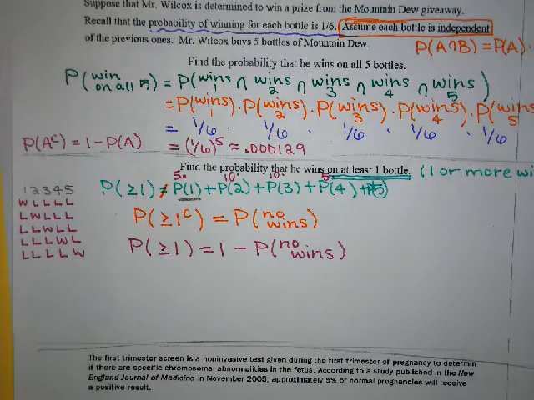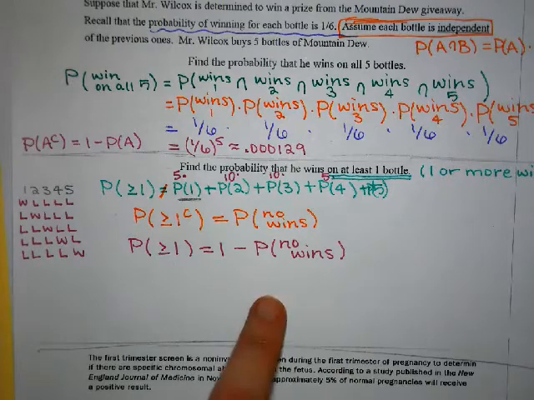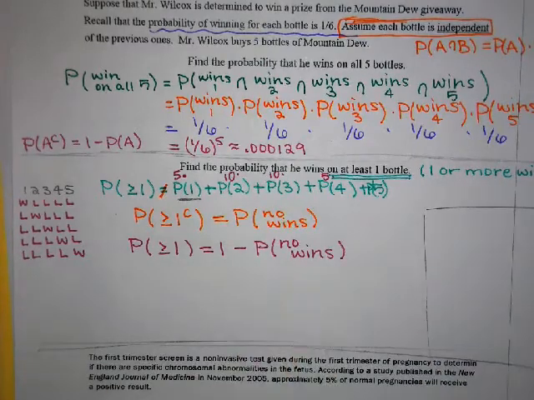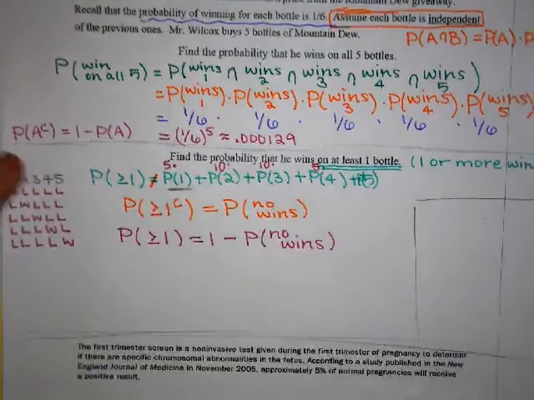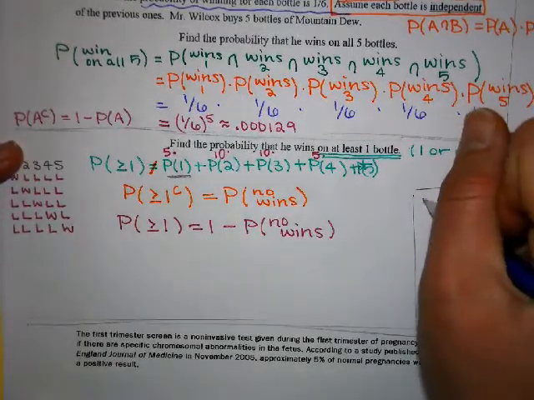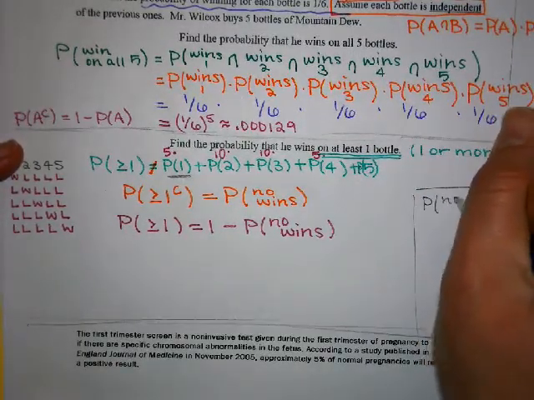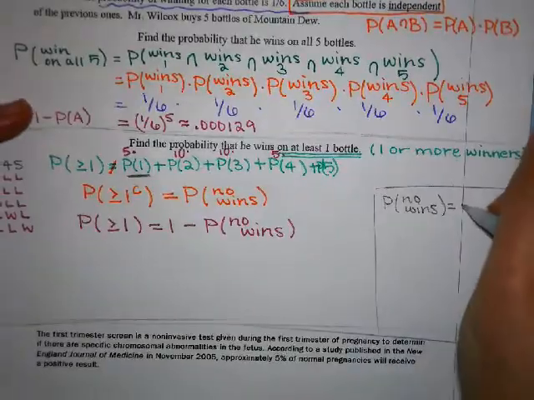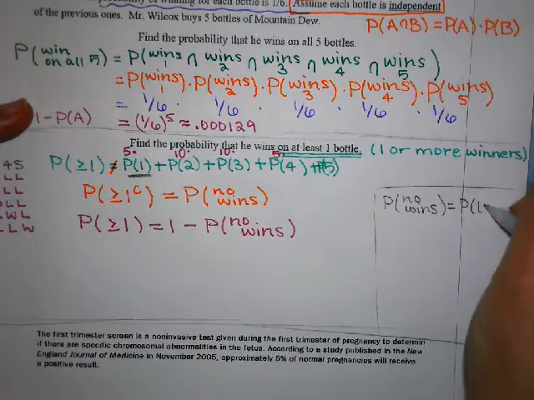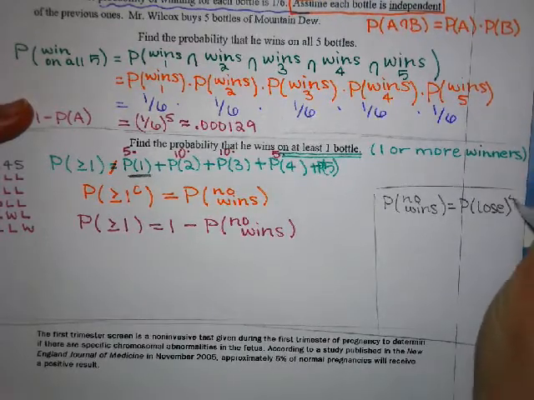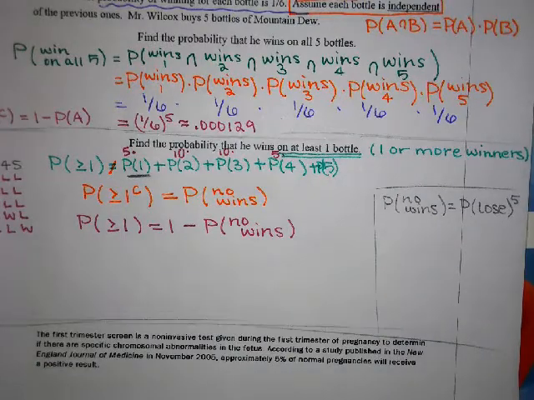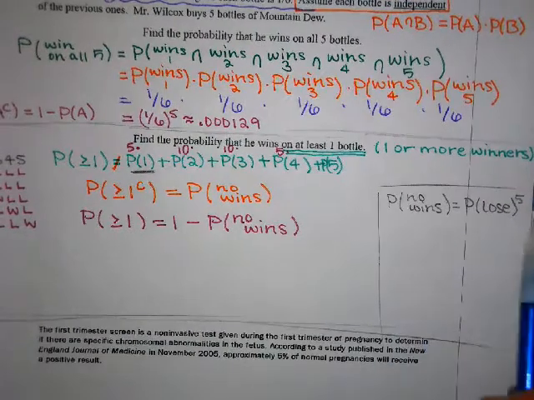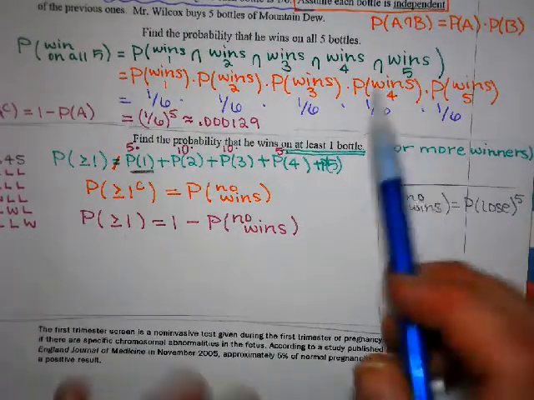Now, the weird thing about the probability that there are no wins is that it's a complement rule in itself. So the probability of no wins is the same as the probability of losing to the 5th power. Because I have 5 bottles, all of them are no wins, so I'm going to raise it to the 5th power because we're told we can assume independence.